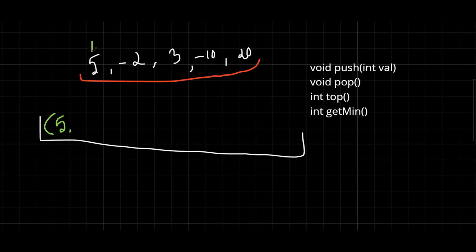So for this element 5, the most minimum element will be 5. So this is the first entry, right? Now for this element minus 2, the first element will be minus 2 itself, and the second entry will be the most minimum element till now. So here the most minimum element is minus 2.